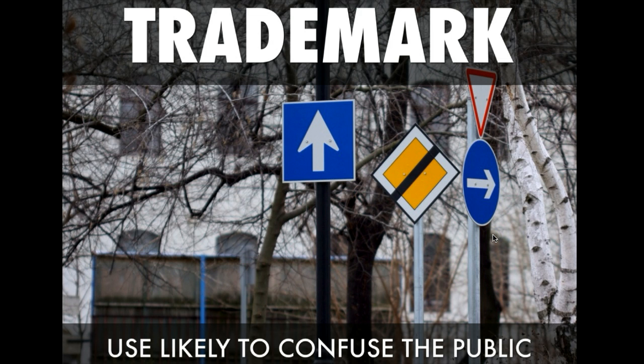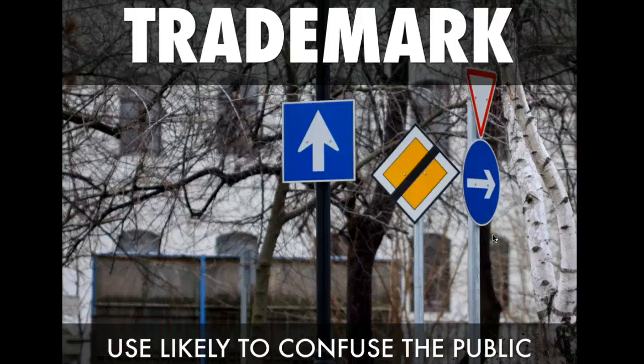So now the question is, you have a trademark. What if somebody else uses something similar? The question with trademark infringement is whether that use is likely to confuse the public. If you look at this slide, what I have is different symbols that say different things.